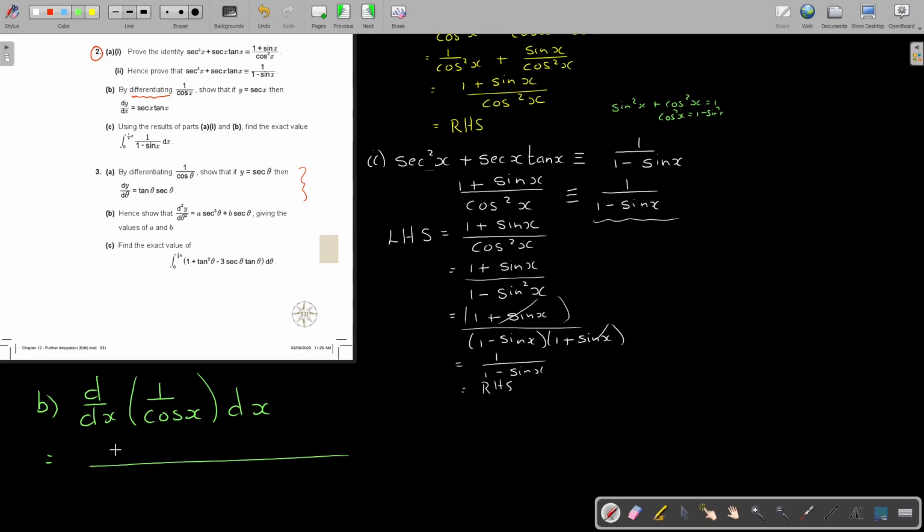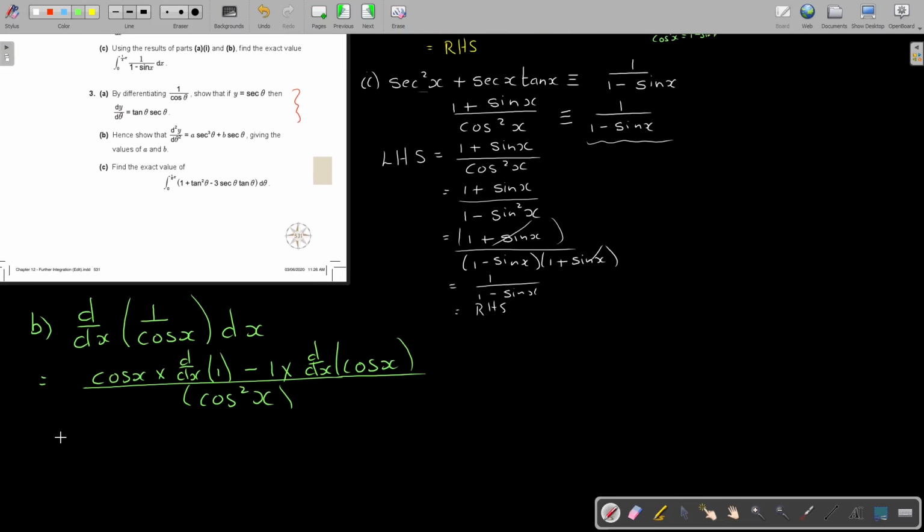I rewrite the denominator, I differentiate the numerator, minus, I rewrite the numerator, I differentiate the denominator, and then I square the denominator.